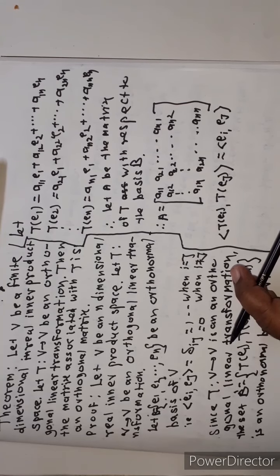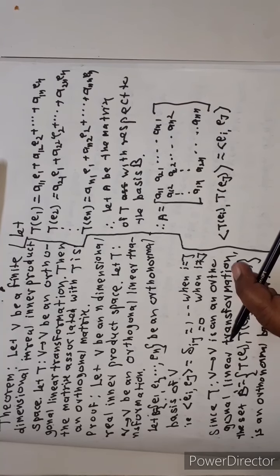Therefore, ⟨T(Ei), T(Ej)⟩ is equal to ⟨Ei, Ej⟩.